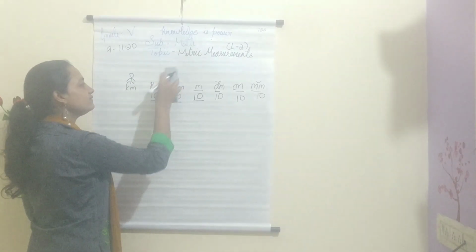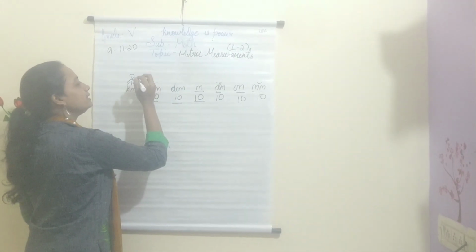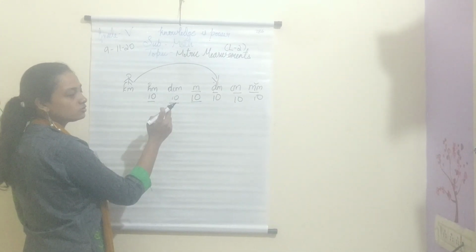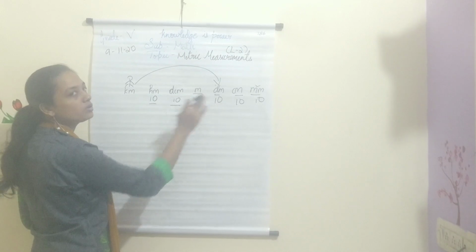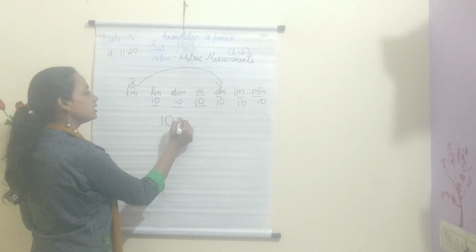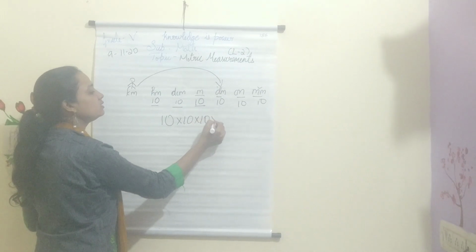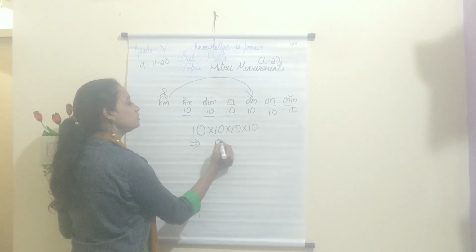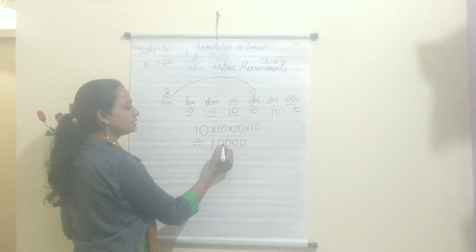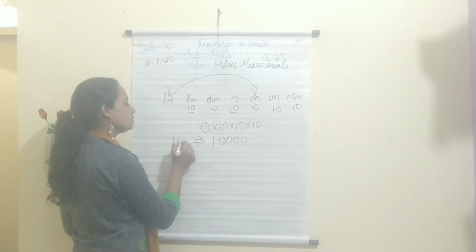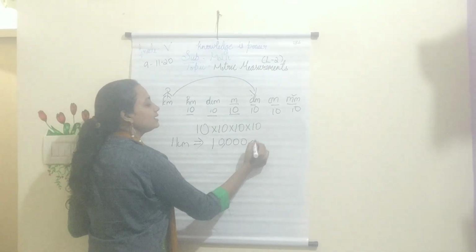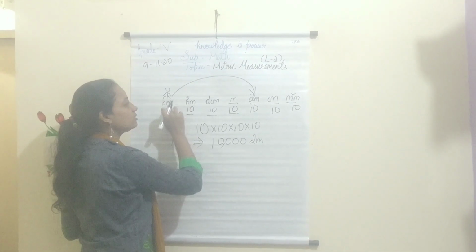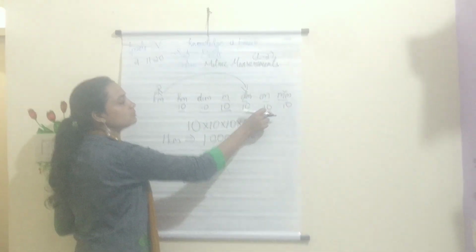What happens if I jump to decimeter? How many jumps? How many tens should I multiply? 1, 2, 3, 4 times I should multiply 10. Just add 4 zeros after the 1. That is 10,000. So 1 kilometer is equal to 10,000 decimeter. Similarly, when you jump from kilometer to centimeter, you have 1 more 0 added.